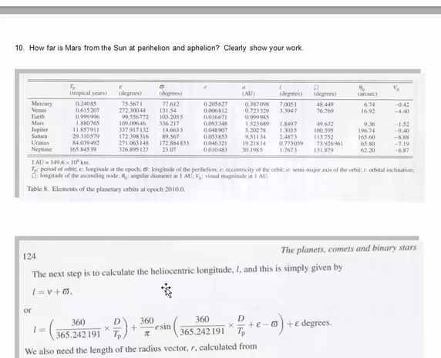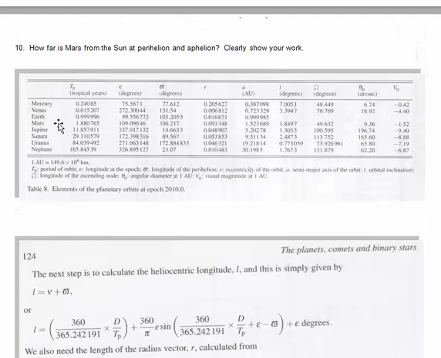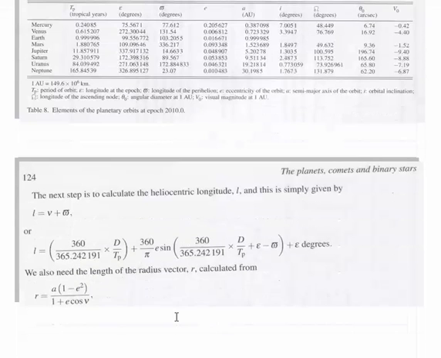And question number 10, if you look in the section on page 123, you'll see this table, and it has information for Mars, its orbital elements, which includes E, the eccentricity. On the next page, 124, you'll see that you can find the distance equation. This will tell us how far from the Sun any planet is based on its orbital parameters.